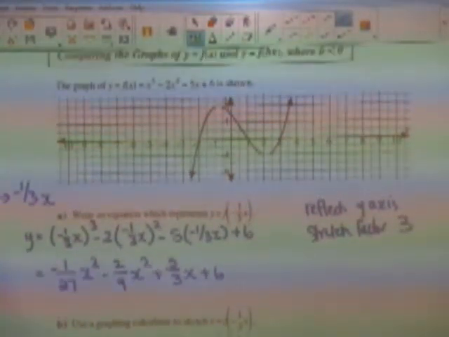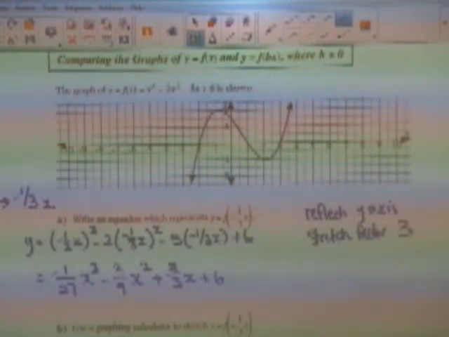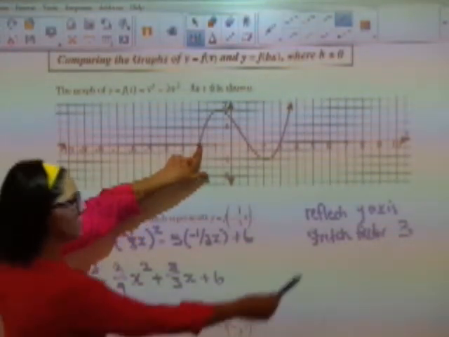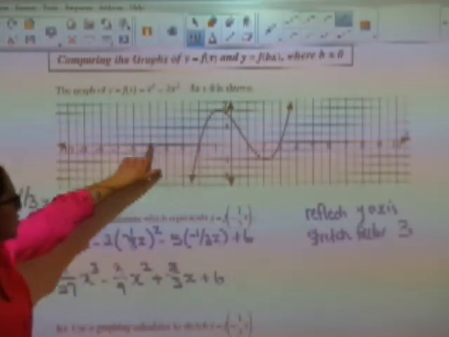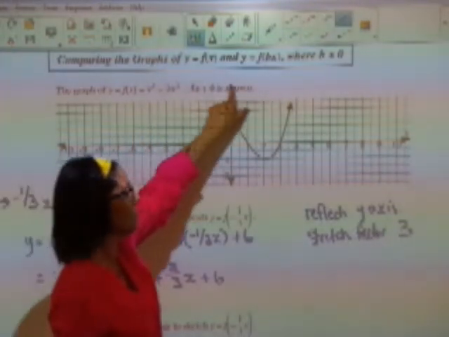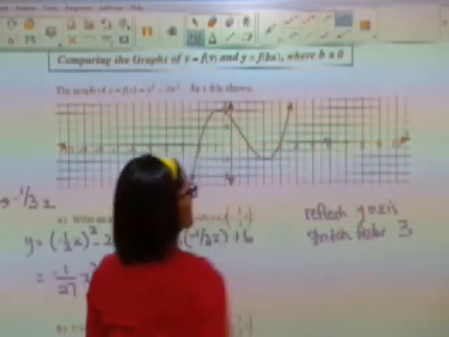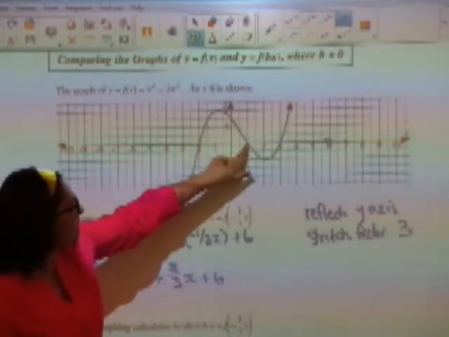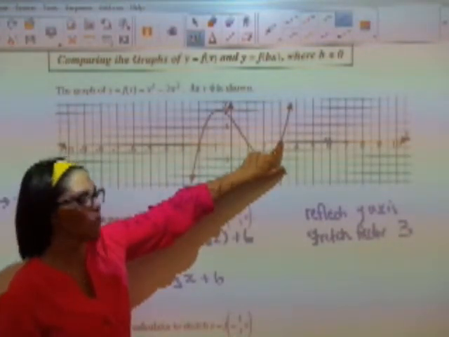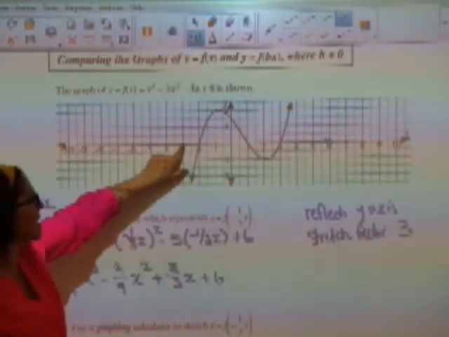So if I was to look at this without using my graphing calculator, my negative 2 stretches by 3, which means it's negative 6, but then it reflects to become positive 6. So there's 1 point. My positive 1 stretches to be 3, reflects to be negative 3.